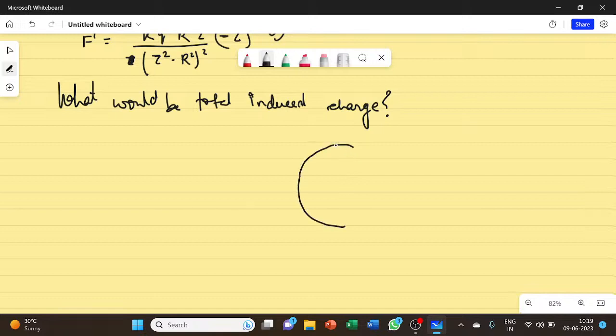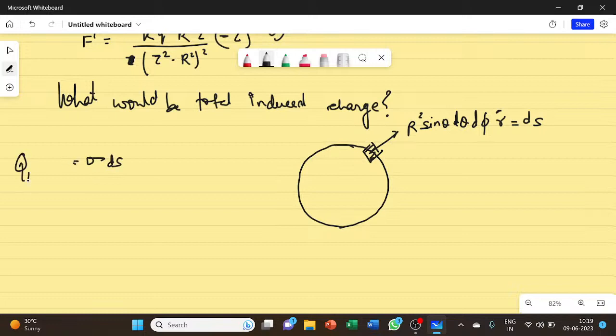So this is my sphere, and I will take a patch over it. The patch would be R square sine theta d theta d phi r cap. So this will be the patch ds, and simply sigma into ds will give me the total charge induced. Integrate it and you will get the result.